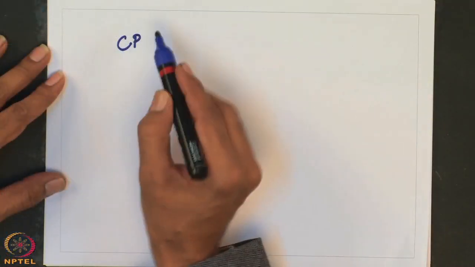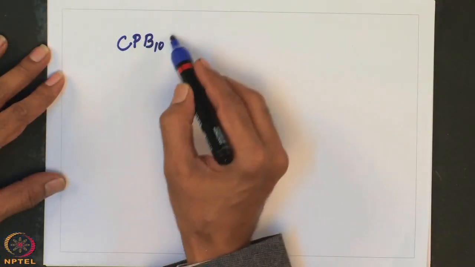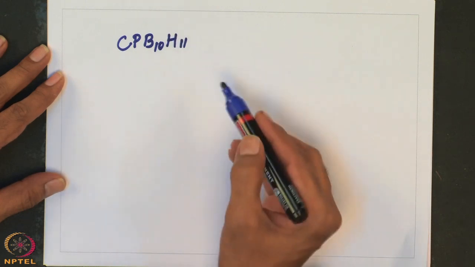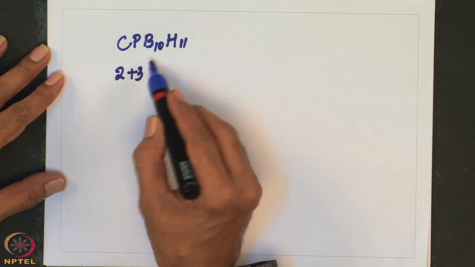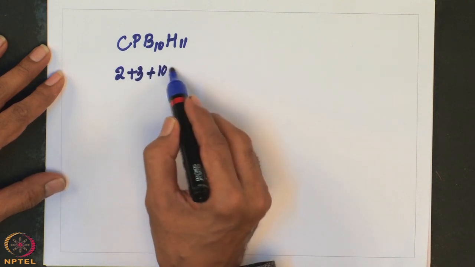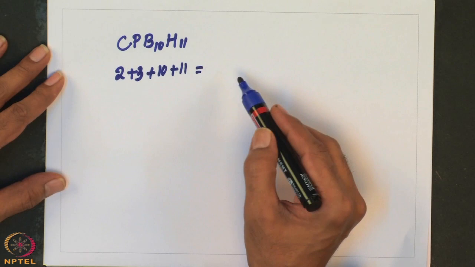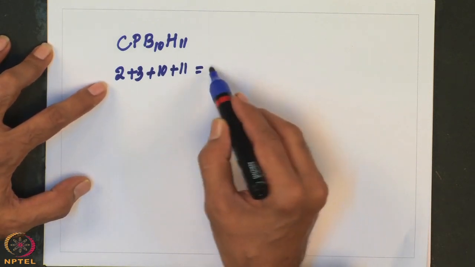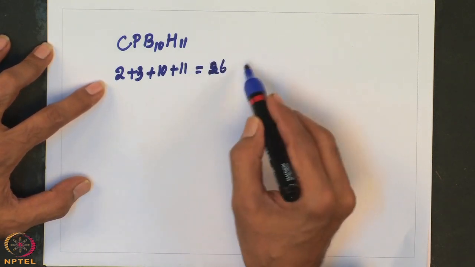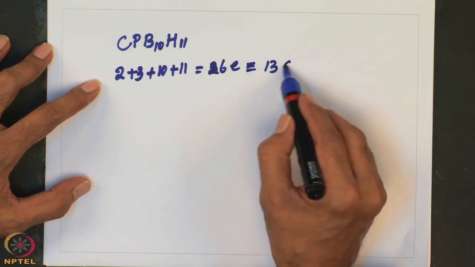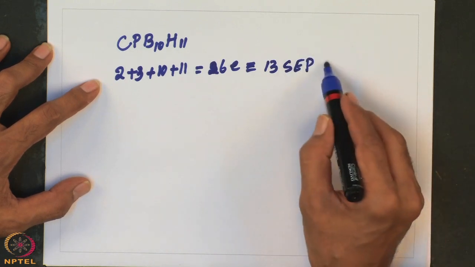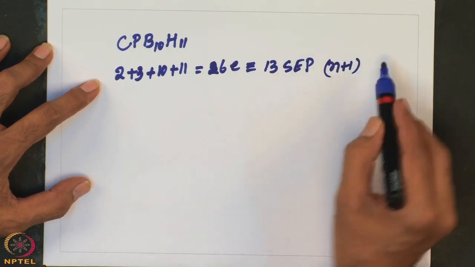Okay. And similarly, we can consider this one, CPB10H11. So, in this one carbon is giving 2, phosphorus giving 3, plus we have 10 from this one and 11 from this one. So, we have 21 plus 5, 26. So, 26 electrons will be equivalent to 13 skeletal electron pairs. This is n plus 1, okay.